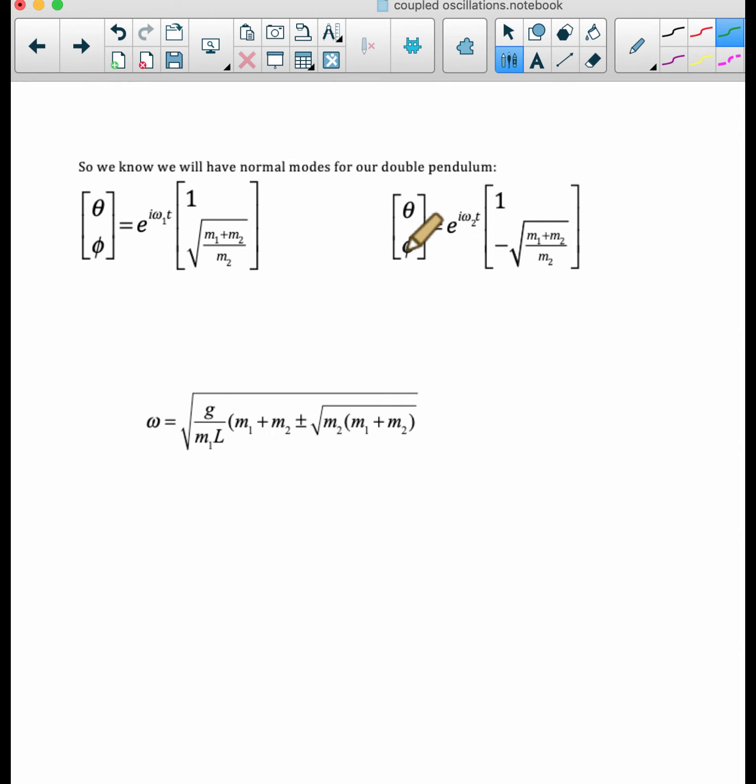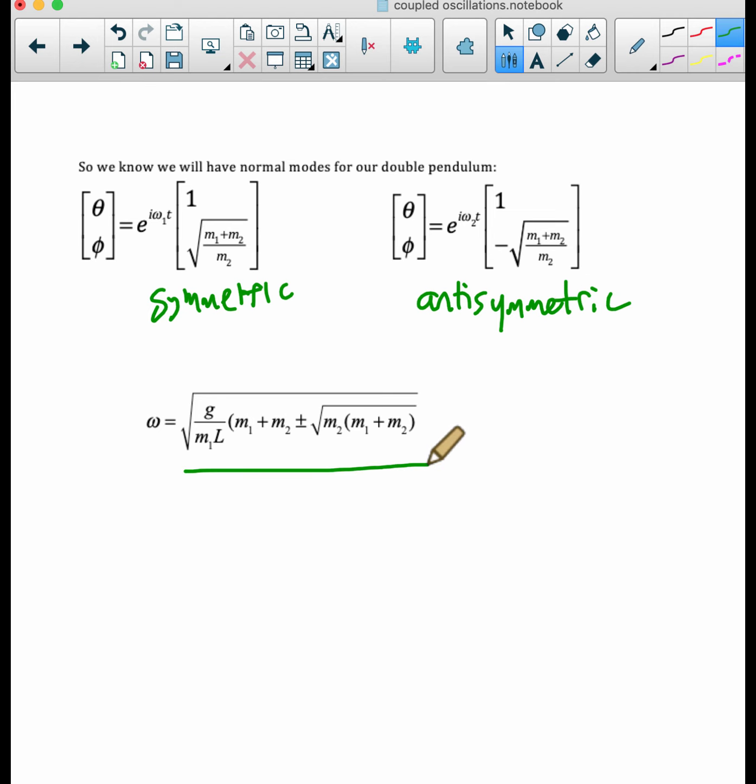Again, the amplitude for phi is bigger than 1, so the lower mass has a bigger angular amplitude than the top one does. But it's similar to the coupled spring oscillators, because here we've got a symmetric normal mode and an antisymmetric one. And that ugly expression there is the expression for the eigenvalues.